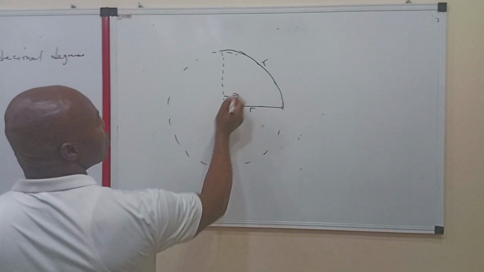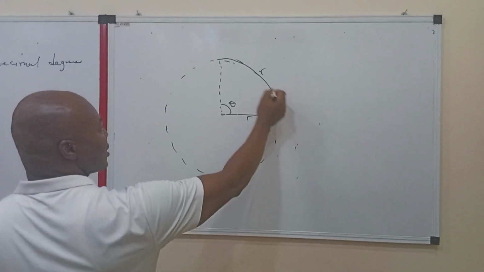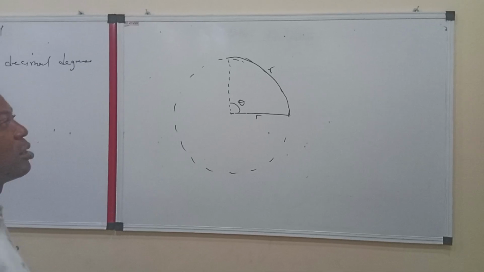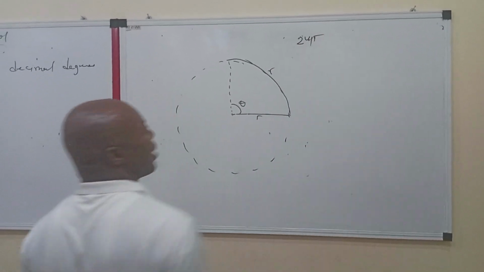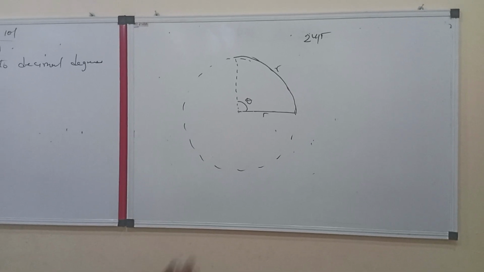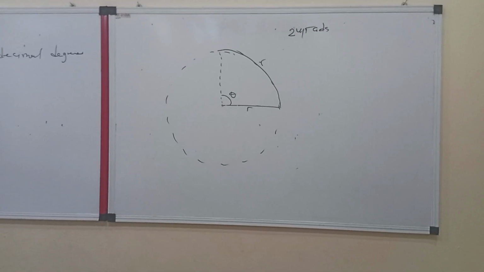Now, if it didn't stop and it moves around the circle, then you know that the length of the circumference is 2 pi r. So in terms of radians, you say 2 pi radians, 2 pi rad. That's what you have.